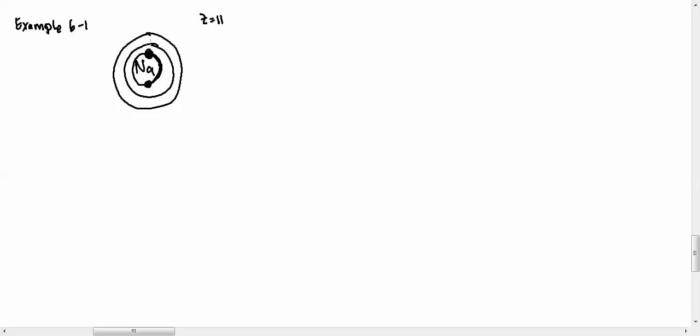So if I want to go Z11, then I go 1, 2, then 3. So that's 1, 2, 3, 4, 5, 6, 7, 8, 9, 10, and 11. So sodium is not happy at all. And the reason being is because on his outermost shell, he has 1 extra electron.